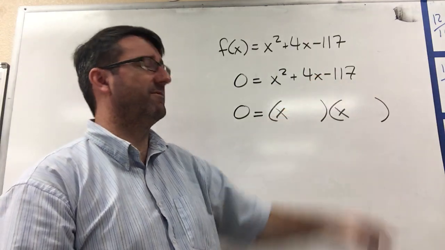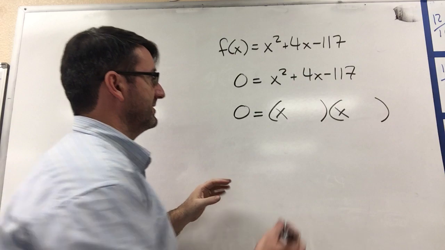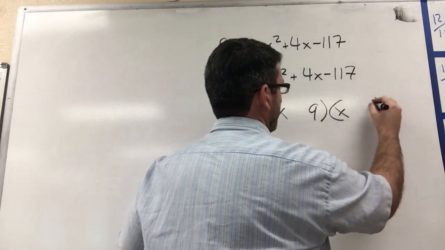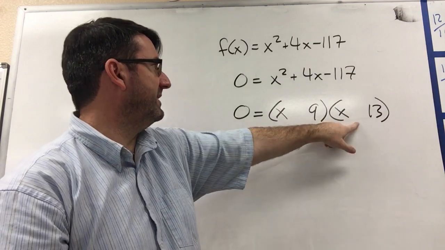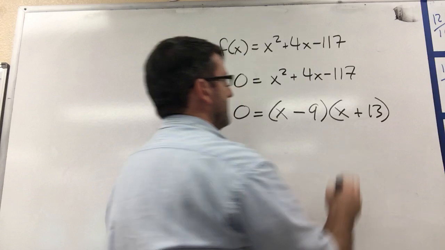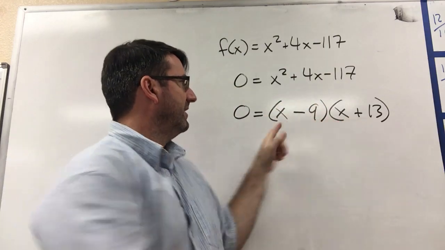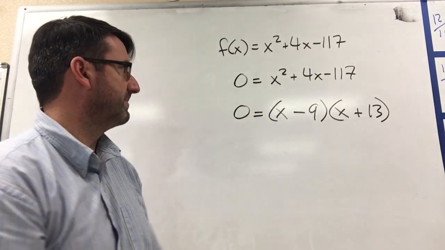Well, there's not a whole lot of factors of 117, but 9 and 13 are factors. 9 times 13 is 117. One of those has to be negative, and we want 9 to be negative, so that when we add 13x plus negative 9x, that's going to give us positive 4x.